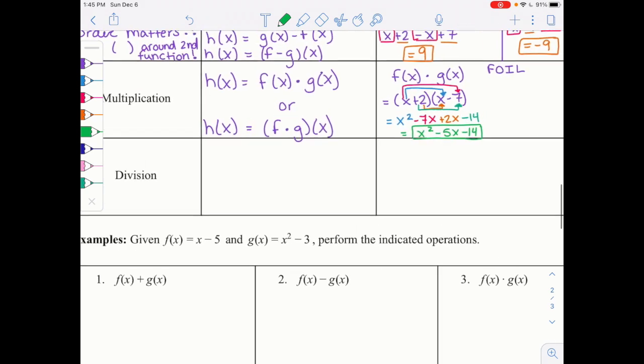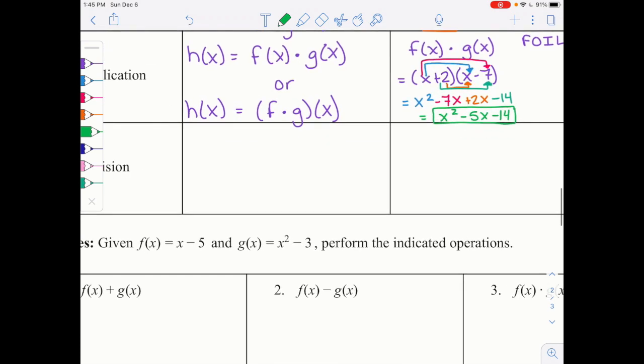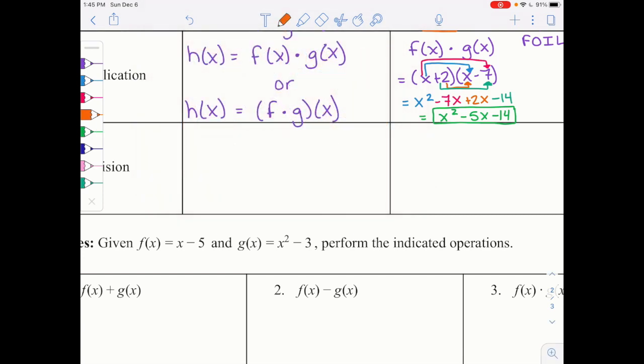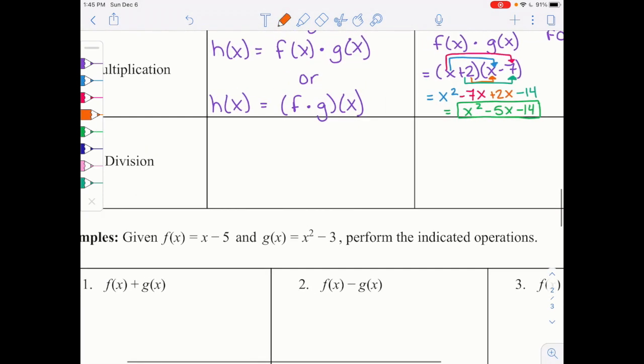And then division is going to be the easiest one here. There's not much we can do with it because we don't know enough yet. We will learn more about division of functions later in the year. So for our purpose now, at this point in the year, when we divide functions, we're just going to write f of x over g of x.